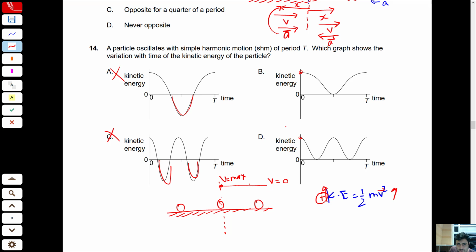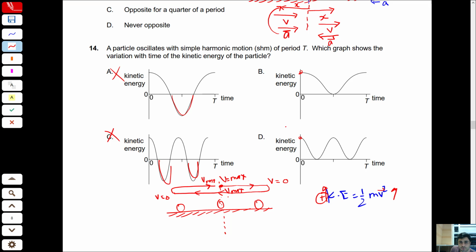And then it returns, it starts to accelerate until it reaches maximum velocity again, because the entire elastic potential energy stored is converted back into kinetic energy. Then it decelerates back to 0 velocity, and then it accelerates back to maximum velocity, V max.